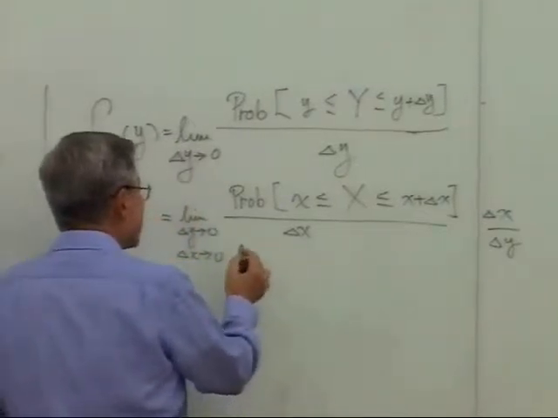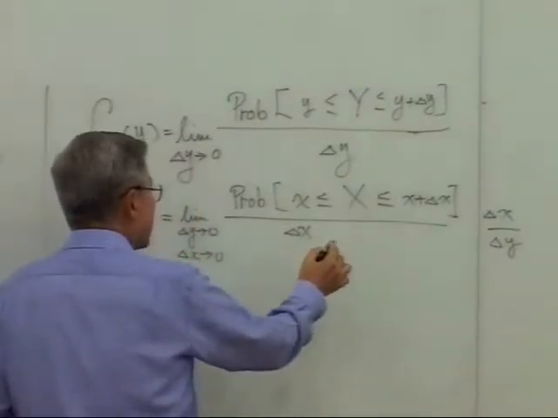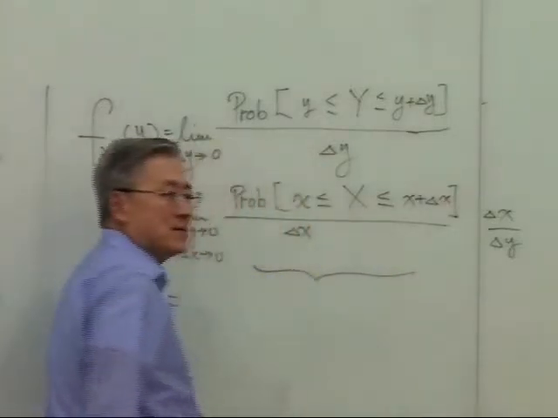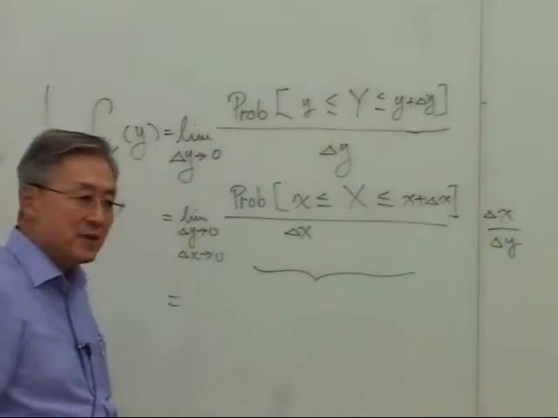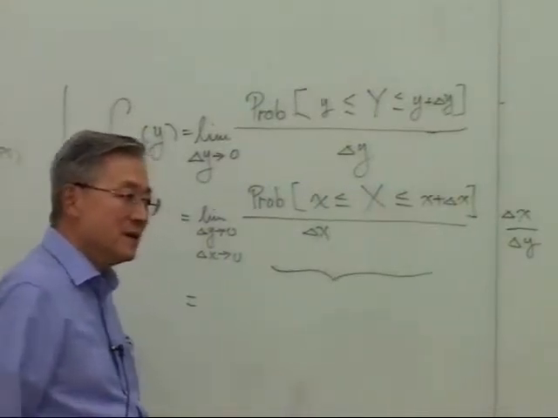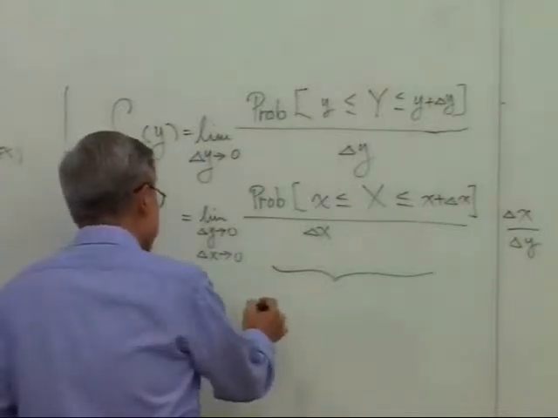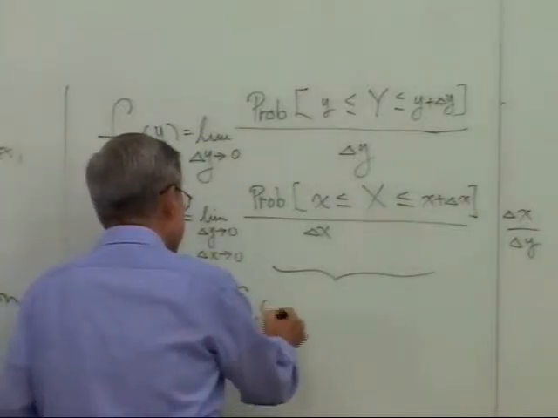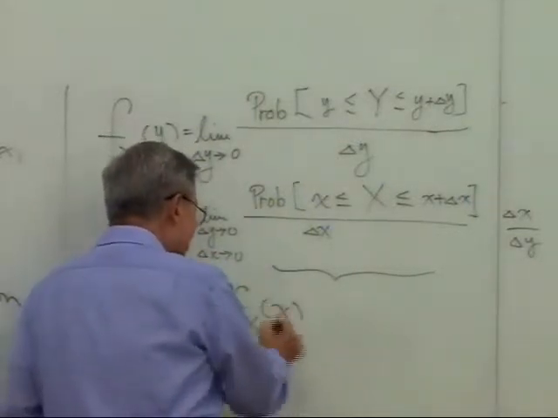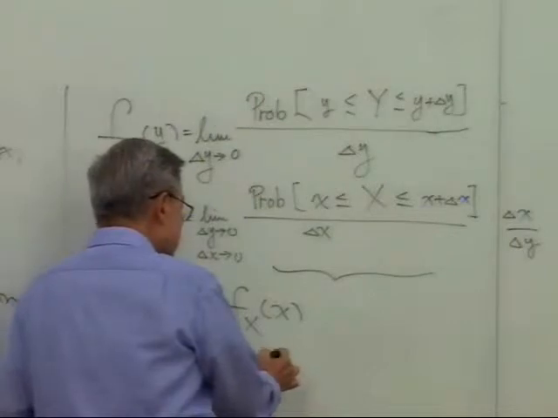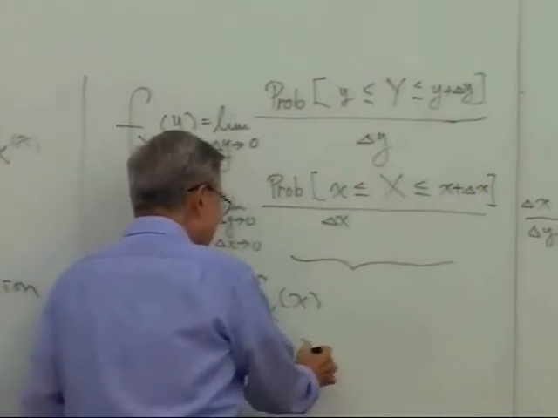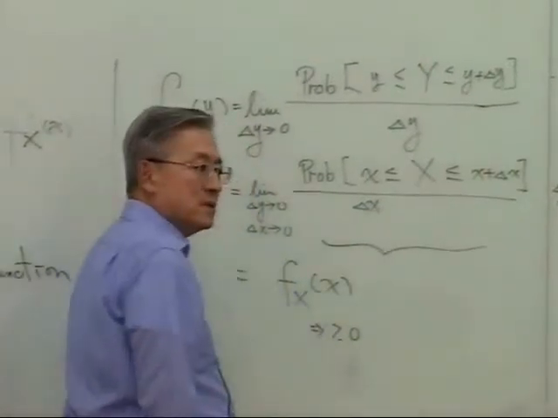If you look at this carefully, this is the definition of the probability density function of x. This probability density function has to be greater than or equal to 0.